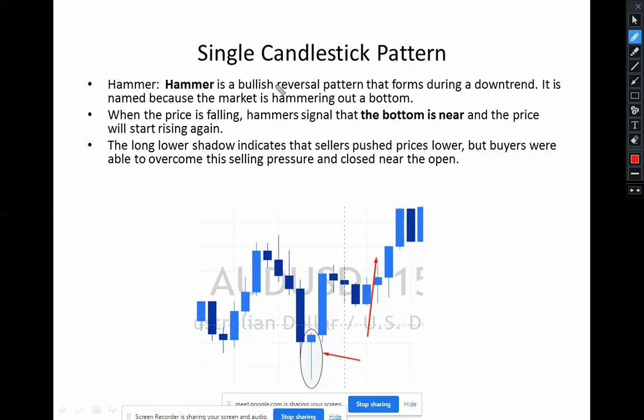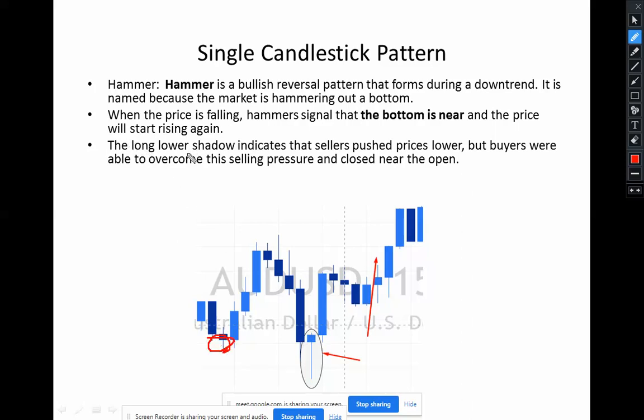What we mean by hammer is that the hammer is a bullish reversal pattern that forms during a downtrend. Look at the hammer. It is named because the market is hammering out a bottom. When the price is falling, the hammer signals that the bottom is near and the price will start rising again. This is a support level, and this kind of hammer formed.